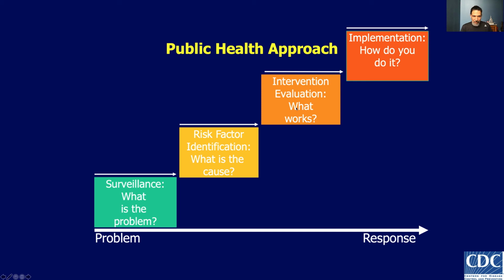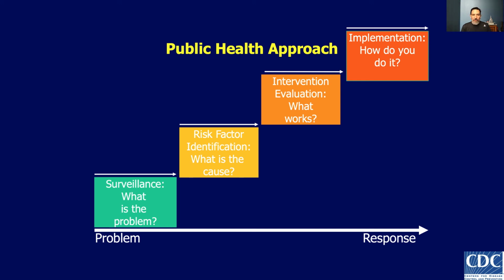And then once we know the causes, we can begin to think about what some possible interventions might be in order to control or eliminate a particular disease or health problem, and we can test different interventions to identify which strategies work and evaluate them.